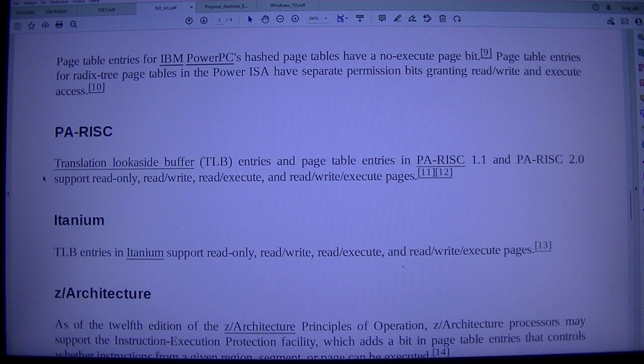Translation look-aside buffer, TLB, entries and page table entries in Power ISC 1.1 and Power ISC 2.0 support read-only, read/write, read/execute, and read/write/execute pages. Itanium. TLB entries in Itanium support read-only, read/write, read/execute, and read/write/execute pages.